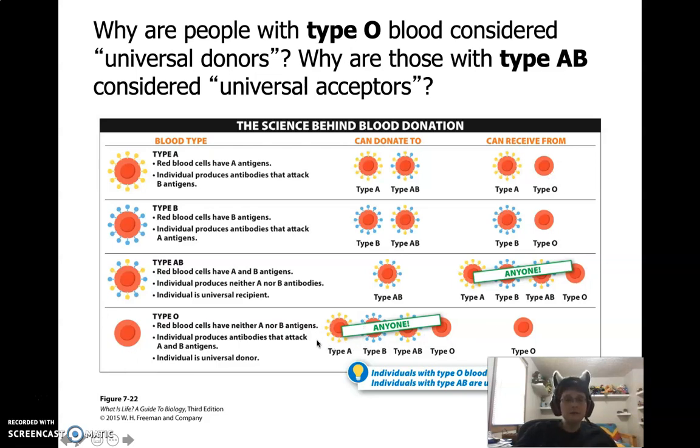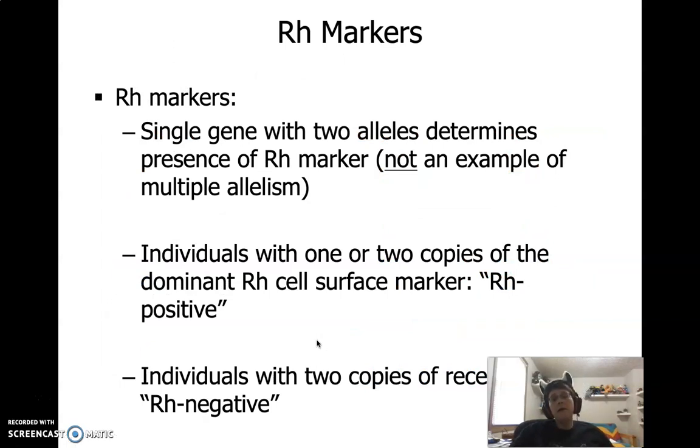Now, I told you I was going to talk about that other part, the positive negative part. So positive negative is another gene. It's the Rh marker. It's a single gene that just has two alleles. So it's either there or not. So this is not an example of multiple allelism. Just the ABO part of your blood is. So this is just an either or.